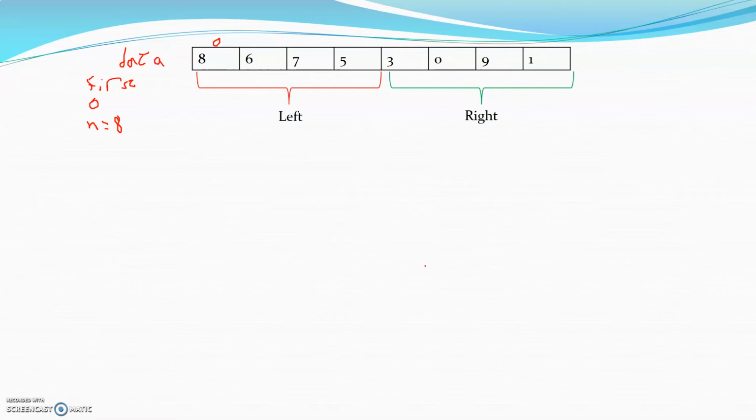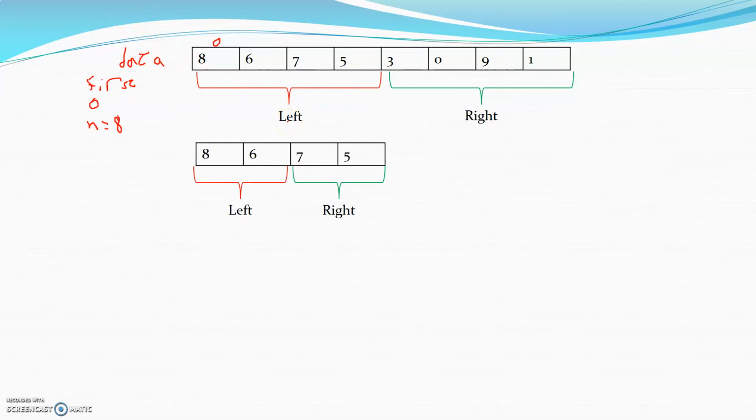logically look at the left and the right, but what it's really doing is just going to do the call on the left hand side. So it's now going to say, okay, for the sort that we're in, let's sort the left hand side. So when we get into the merge sort, again, another instance of the merge sort, it looks at this piece of the array and says, okay, let's break it in half. We'll sort the left half and we'll sort the right half.